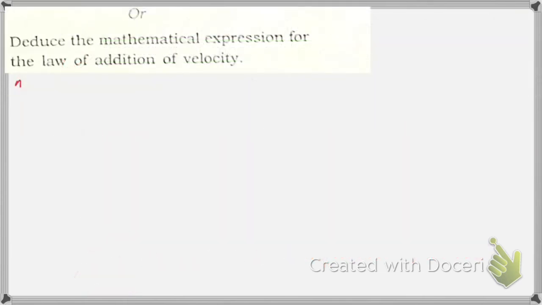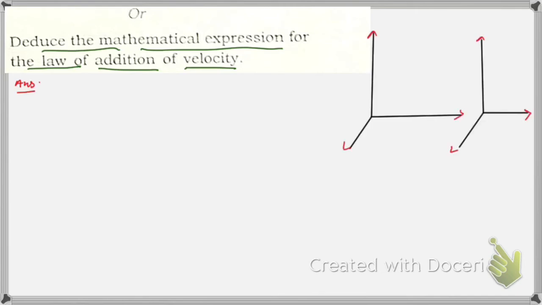Now let's move on to our next question: deduce a mathematical expression for the law of addition of velocity, right? That means the relativistic law of vector addition of velocity. Here you see, suppose we have considered two frames S and S dash. Their origins respectively are O and O dash.